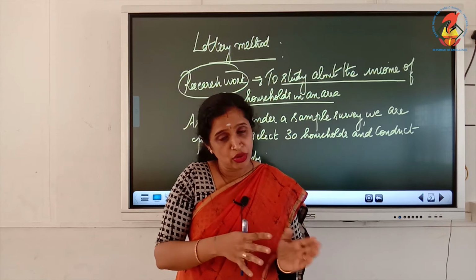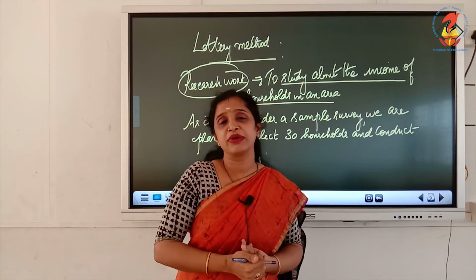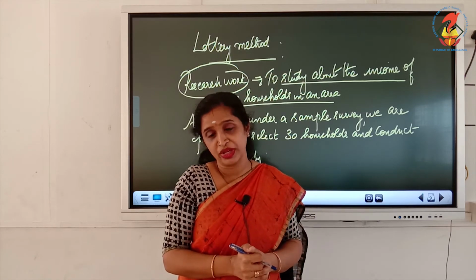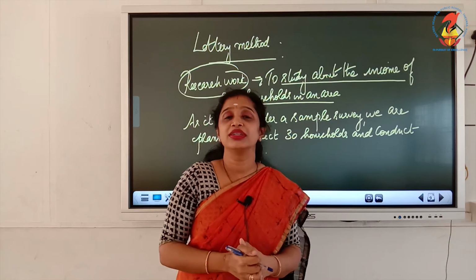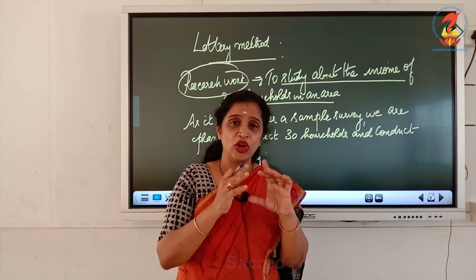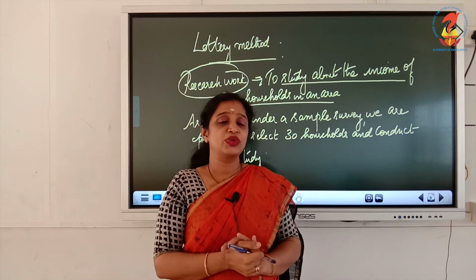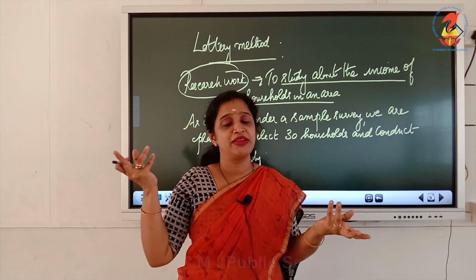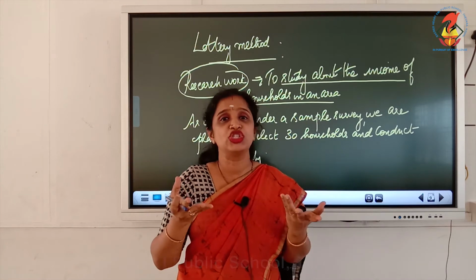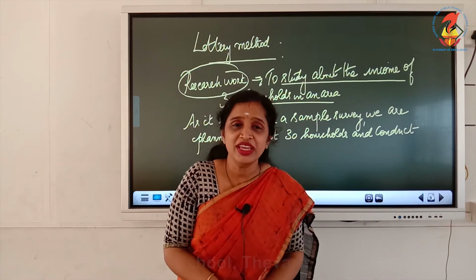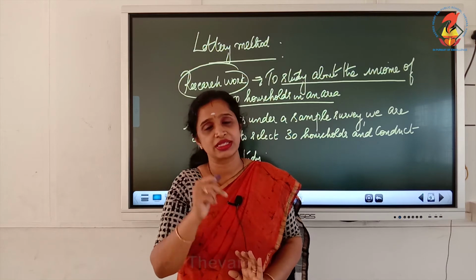And now you are shuffling it, and you are asking a person to take one for you. Okay. So the first one is taken, and you will open the paper and read out the name of the family. So if family A or family B is the name which you get, that family has to be interviewed. So that is the first family.